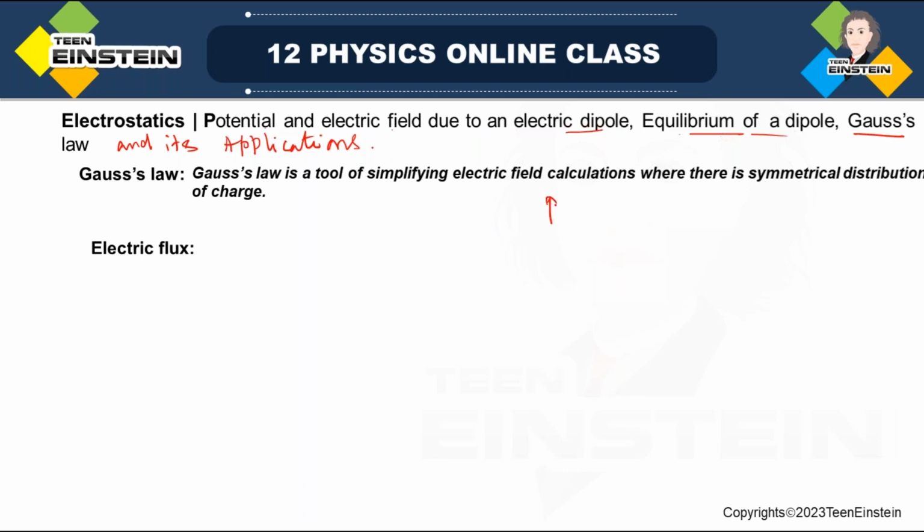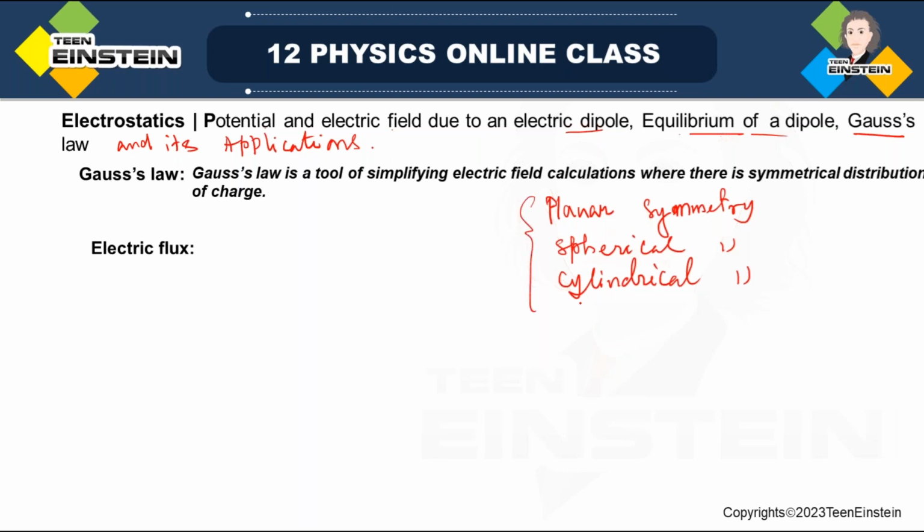We can have planar symmetry, spherical symmetry, cylindrical symmetry. These are some of the symmetries we look for. Whenever we have such symmetry in the charge distribution, we can apply Gauss's law, and the calculation of electric field will be much simplified.